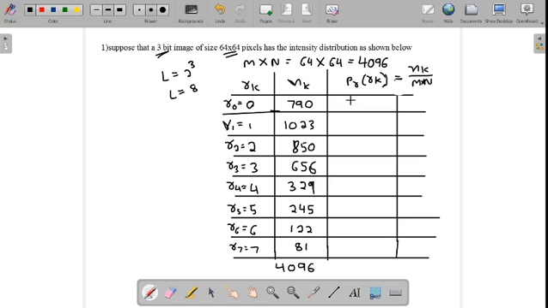So for the first value, it is 790 divided by 4096.